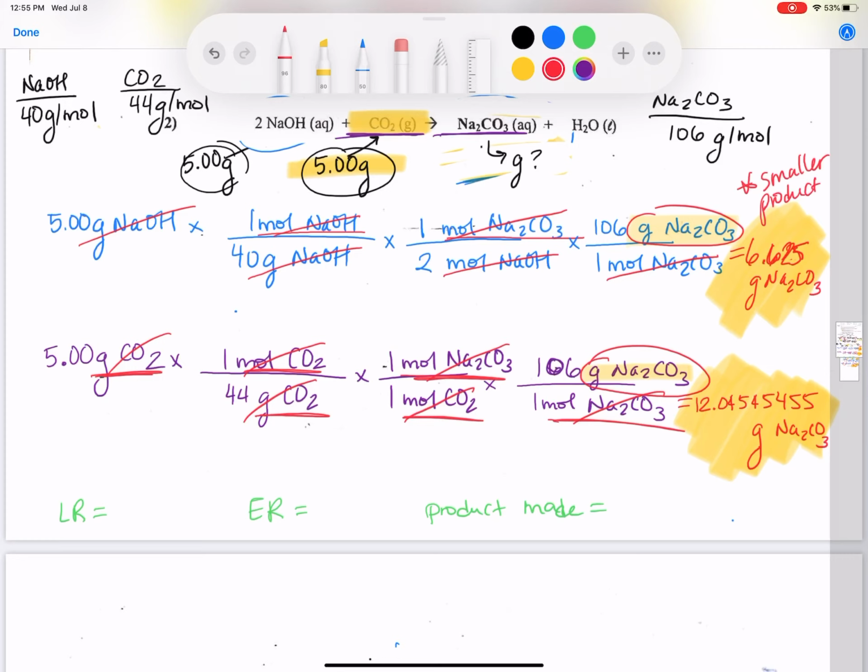Well, in this case, 6 is way smaller than 12, so this is my smaller product. Who was responsible for making the smaller product? That's where I now need to go back and identify who was that reactant. Whoever produced the smaller amount of product, that's your limiting reactant. So that's NaOH.